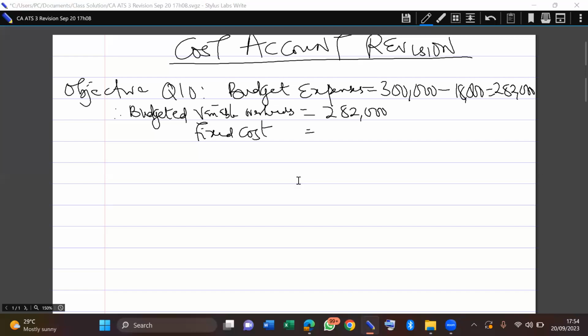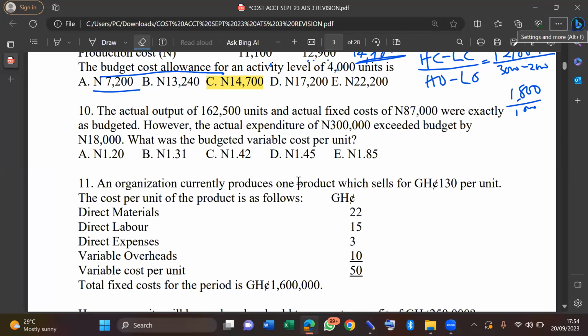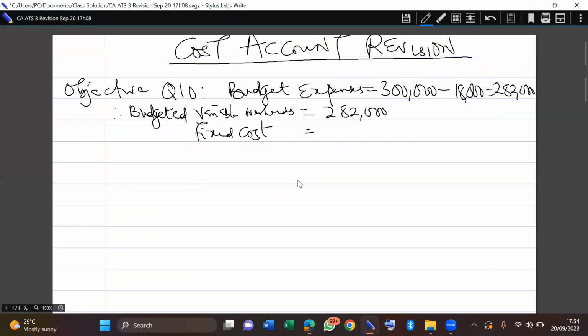What is the value of your fixed cost? The actual expenditure, fixed cost is 87,000. What do we have? This will now become your variable. 195,000. Okay.